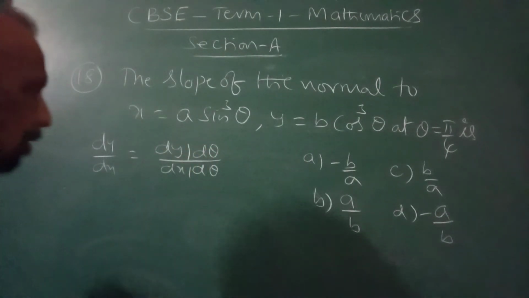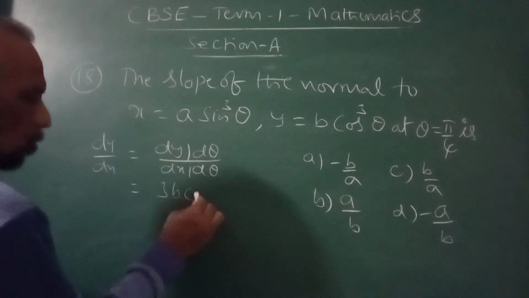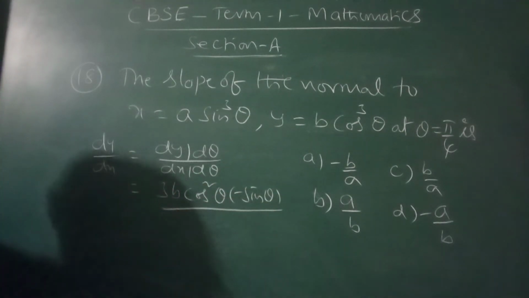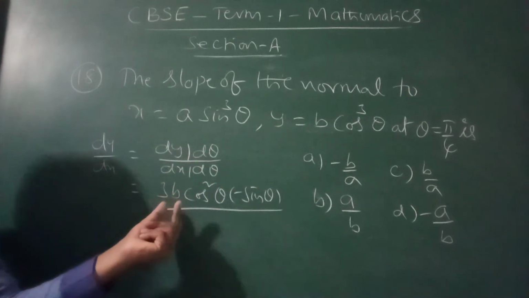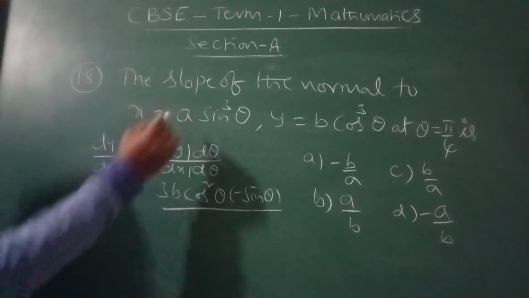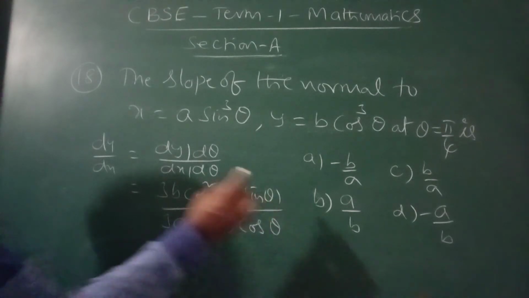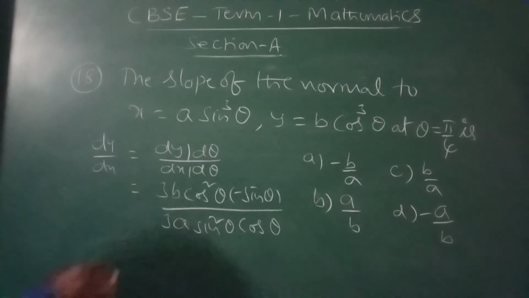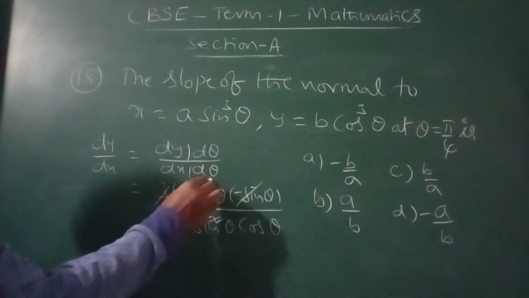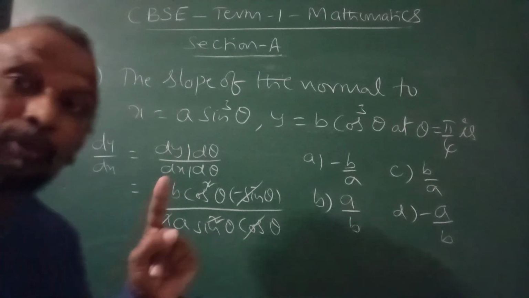I can write the derivative of this: 3b cos square theta, derivative of cos theta minus sin theta; and the derivative of 3a sin square theta, derivative of sin theta cos theta. Now I can simplify, and you will get minus cos theta by sin theta as the slope of the tangent.